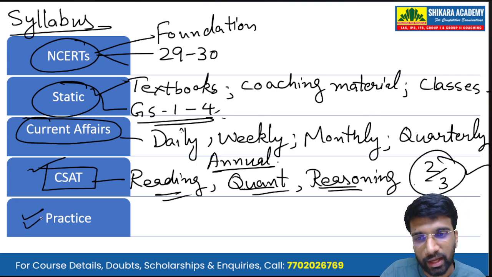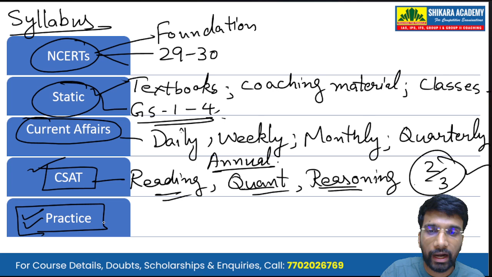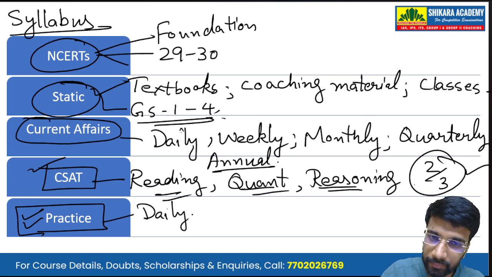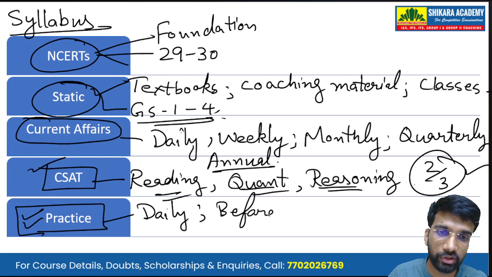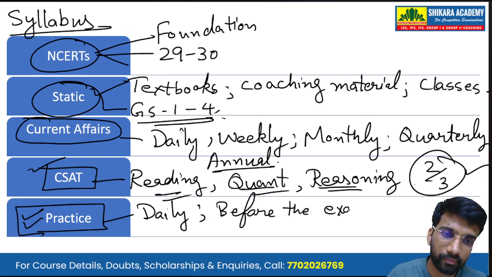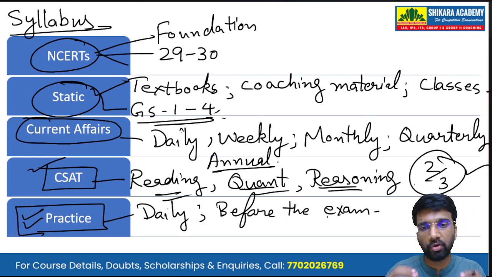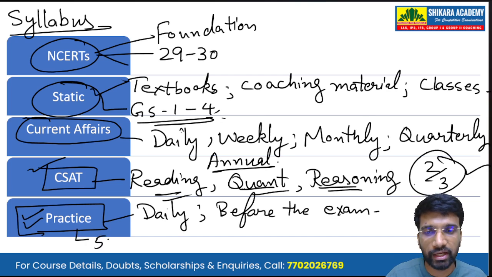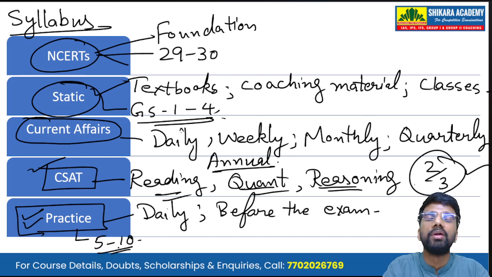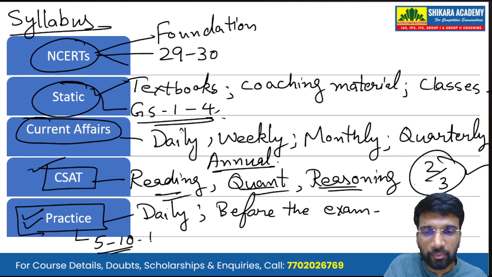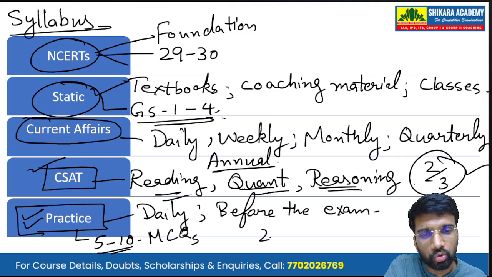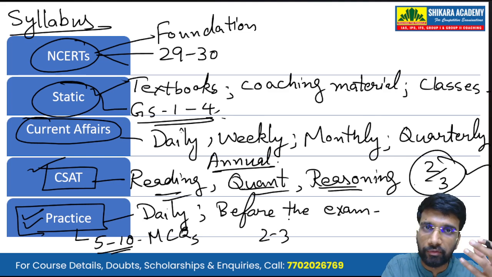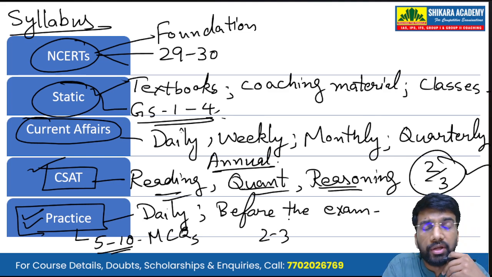Finally, there is practice. When we say practice, it should be done daily and before the main examination. For daily practice, an aspirant can solve 5 to 10 MCQs for prelims practice and 2 to 3 mains descriptive answers for the mains examination.